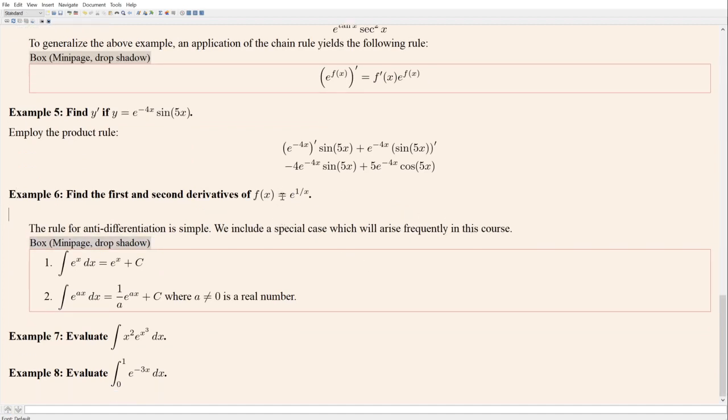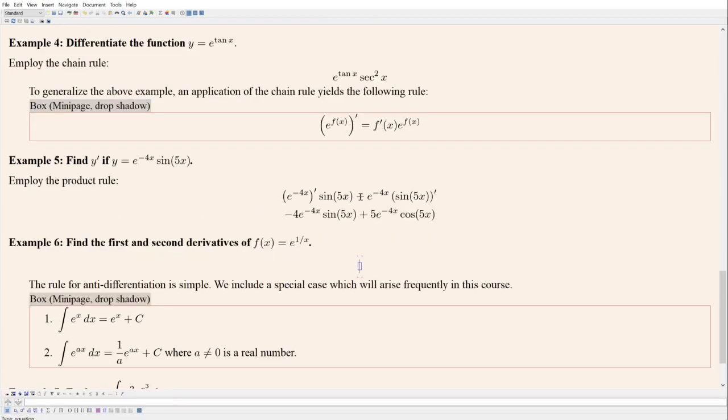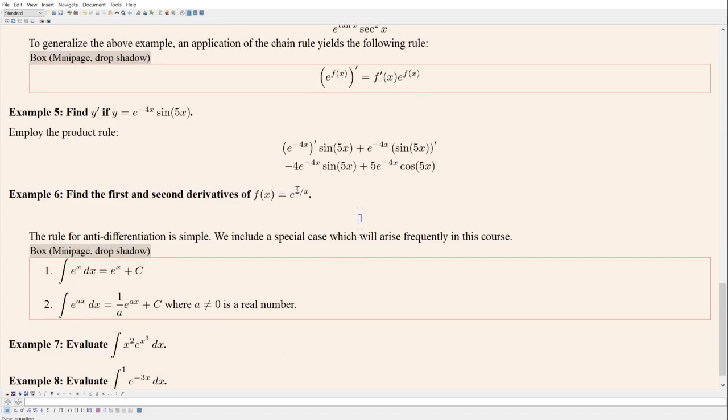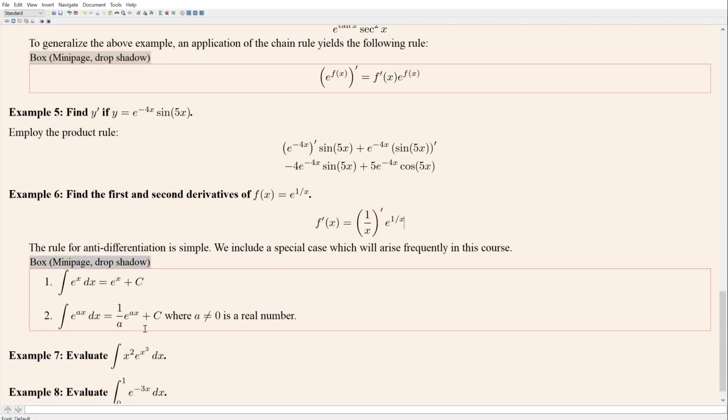Find the first and second derivatives of e to the 1 over x. Okay. So once again, we are employing this rule. So the first derivative is just take the derivative of 1 over x and plop it out front. So f prime, the first derivative, is going to be that, right?